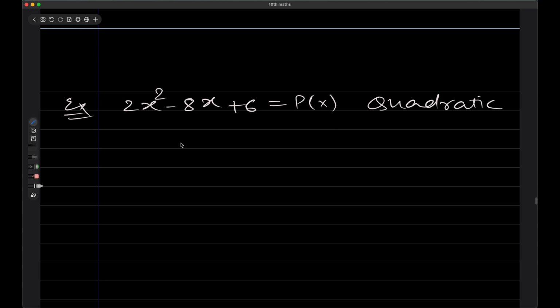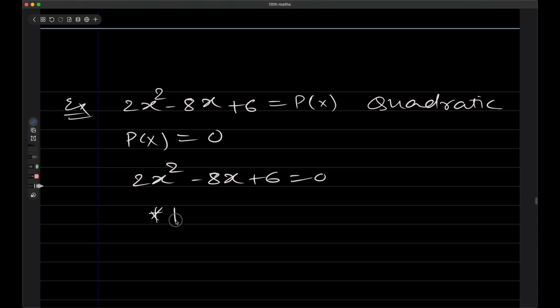Now to find the factors, we have to put p of x equals 0, that is 2x square minus 8x plus 6 equals 0. Now the important step to find the factors is to first make the coefficient of the term x square equal to 1.